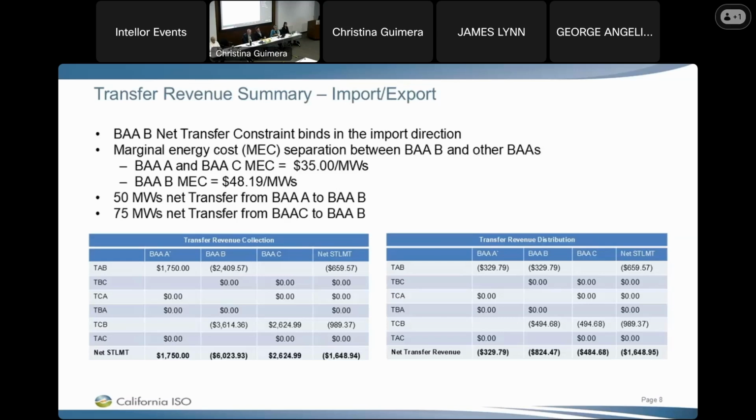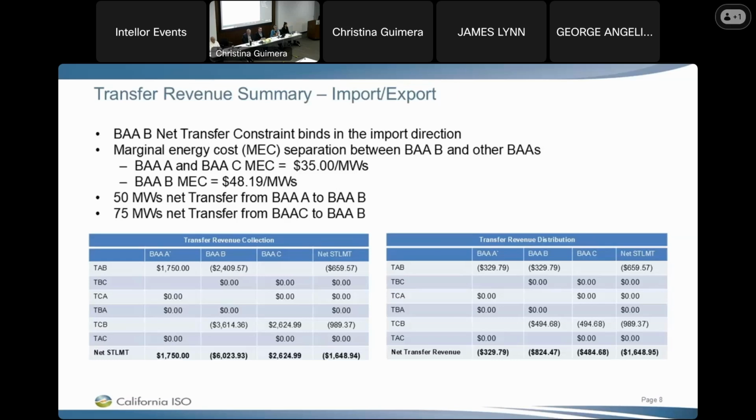I have a payment for the import of $2,409.57. That means we have a transfer revenue settlement of $659.57. All of the other transfers were not being utilized. We weren't utilizing that direction.